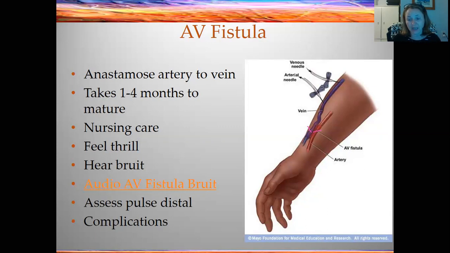So nursing care: no blood pressures and no venipuncture on that arm. Also no tight clothing, no heavy backpacks up here at the shoulder. Basically nothing that is going to inhibit blood flow. These vessels are going to create a lot of pressure in there, and turbulent blood flow.